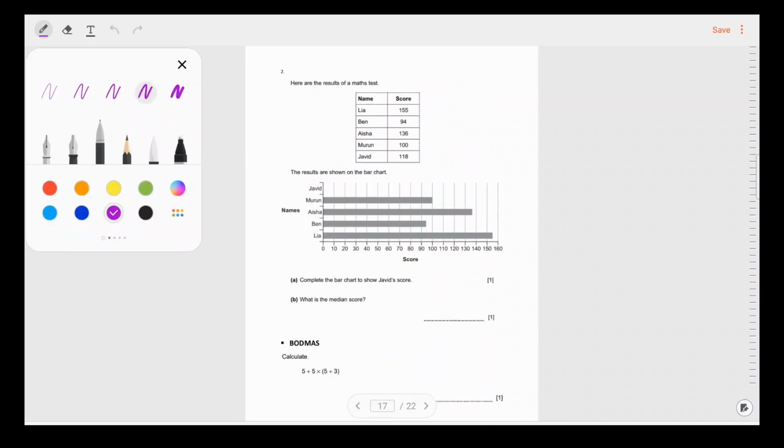The next question under data and charts says, here are the results of a maths test, and in the table you can see there are names of 5 students next to their scores, and these results are also shown on a bar chart. Part A says complete the bar chart to show Javid's score.